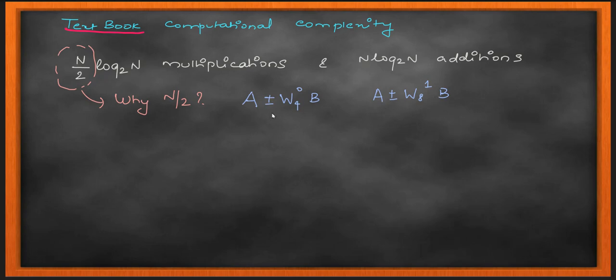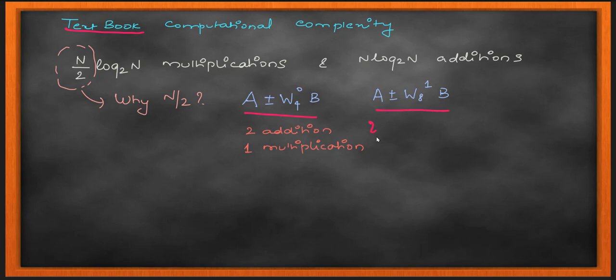The plus and minus is counted as 2 additions or subtractions, but W4^0 into B, that multiplication is done just once, because I don't have to do it twice. I could do it twice, but that would just be repeating the same thing, and we are not allowing any repetition.